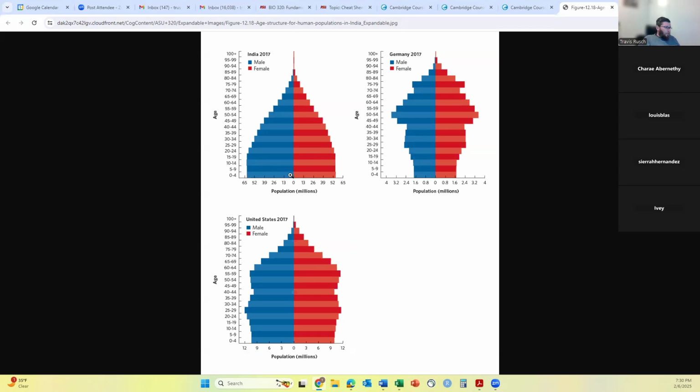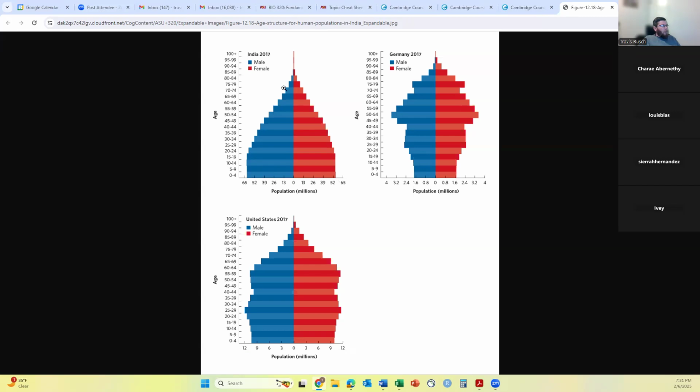If we go left from the middle, the population of males increases. If we go right from the middle, the population of females increases. And then on the y-axis we have age, with older populations at the top, and they get younger as we go down the y-axis, right? So that's how we look at reading these figures.